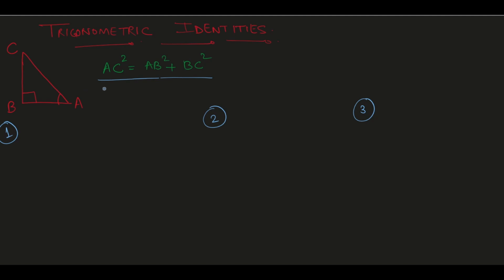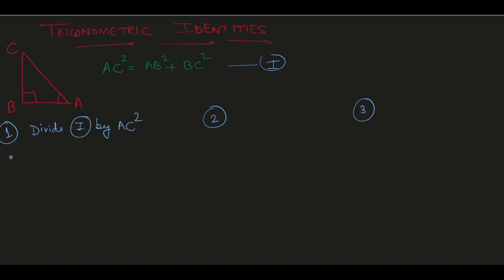Now, in all these three columns, our journey starts from this very equation. But first, we will divide this equation by AC square. Let me call it equation 1. So divide equation 1 by AC square.